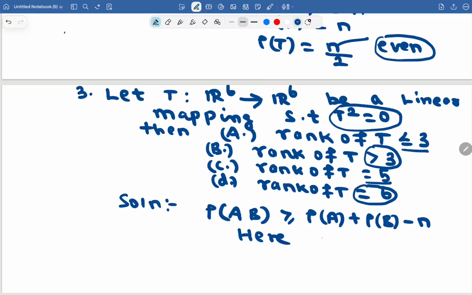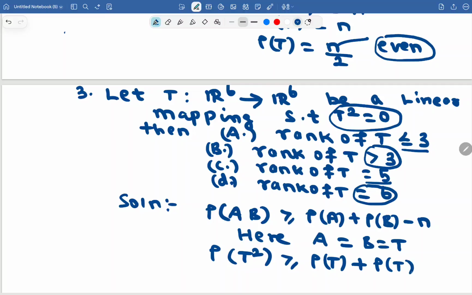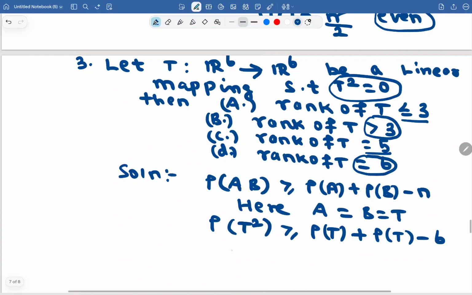Here if you choose A equal to B equal to T, it becomes rank of T square greater than or equal to rank of T plus rank of T minus n. The dimension is 6. Rank of T square is 0 because T square is 0.